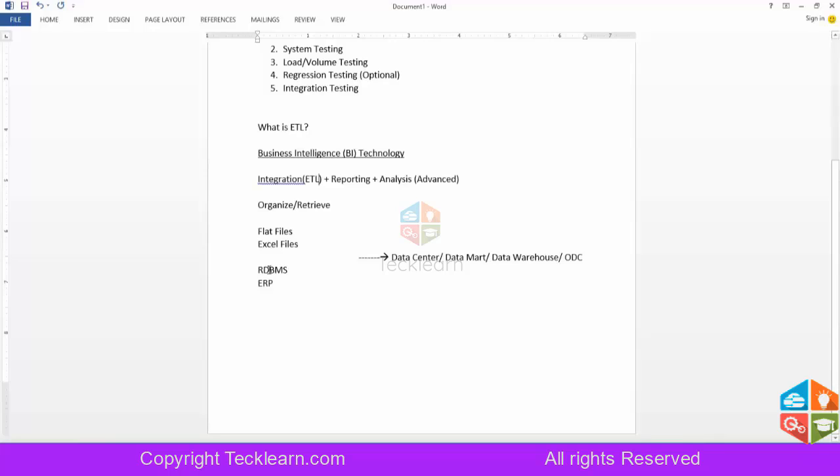If it is an RDBMS, what RDBMS it is, whether it is Oracle or SQL or MySQL or any free databases. So we care about the metadata, data of data, and then we do extraction of data.